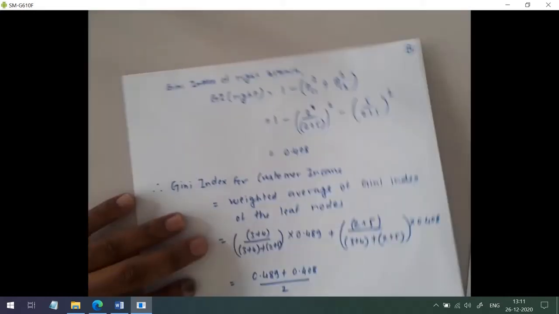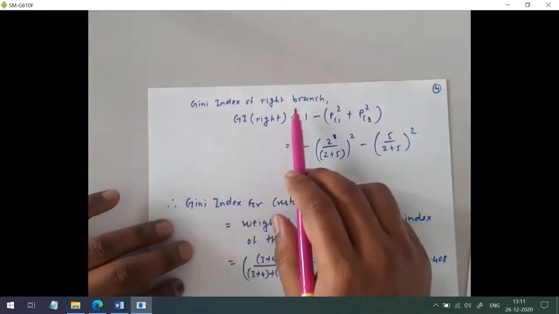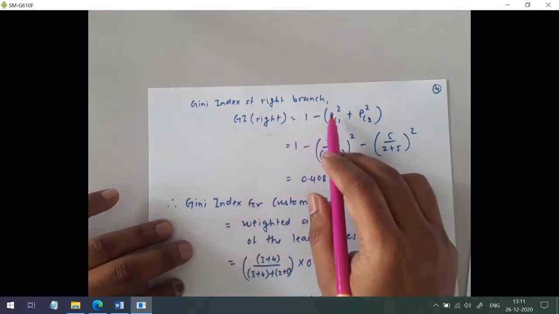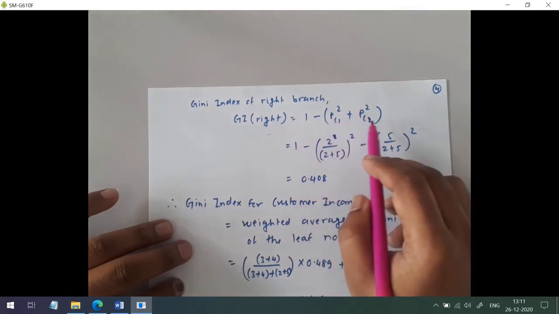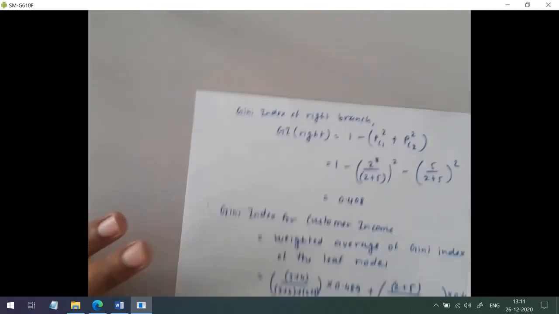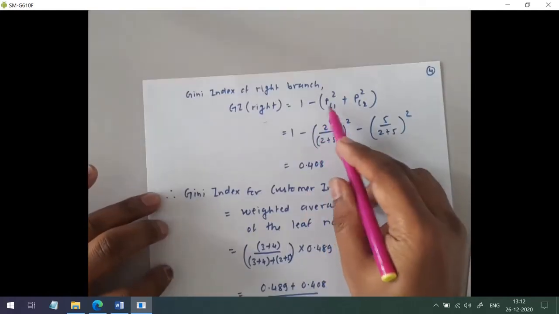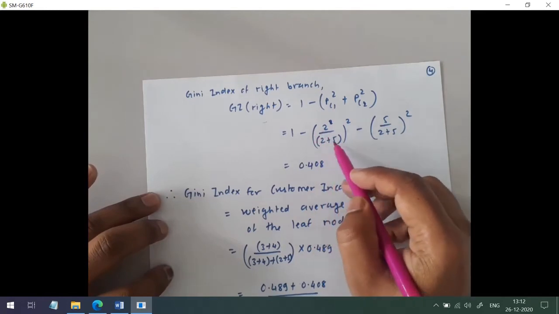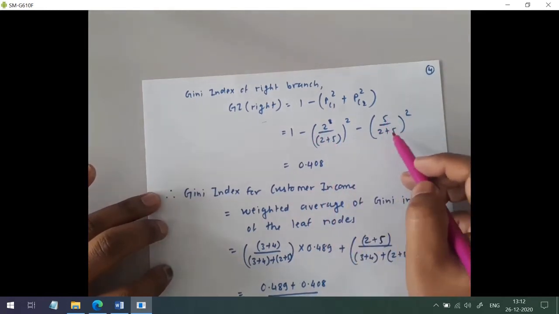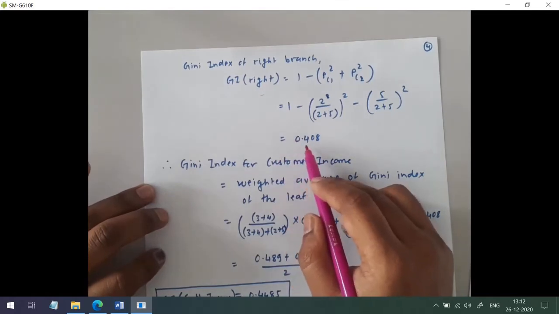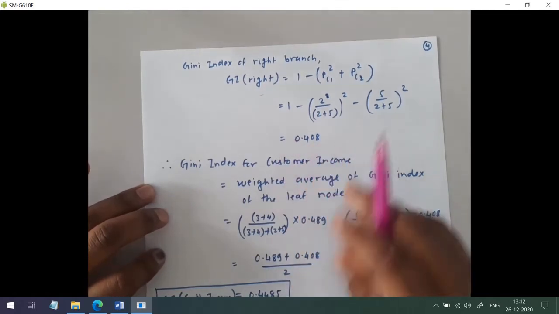Then we have to calculate the GI of the right branch. So GI of right equals 1 minus probability of C1 squared plus probability of C2 squared. As you can see here, the count is 2, 5. So the probability of C1 will be 2 divided by 7 and C2 5 divided by 7, squared, and if you calculate the value, it comes out to be 0.408.